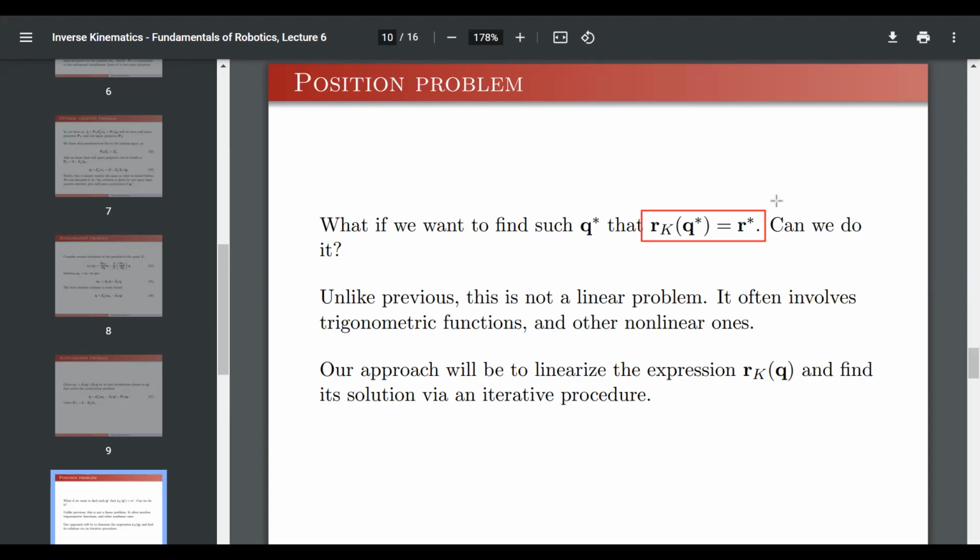For some robots, like for KUKA robot, for example, I'm using KUKA to just mean any robot arm, like FANUC, Universal Robots, etc. There sometimes exists an analytical solution. In fact, those robots, as far as I know, are designed to allow analytical solution.